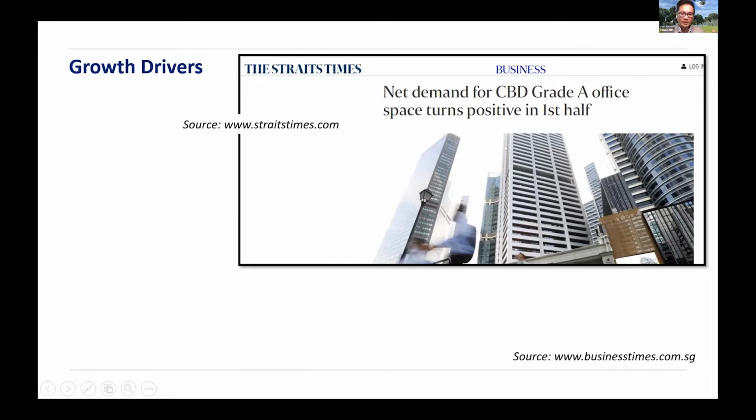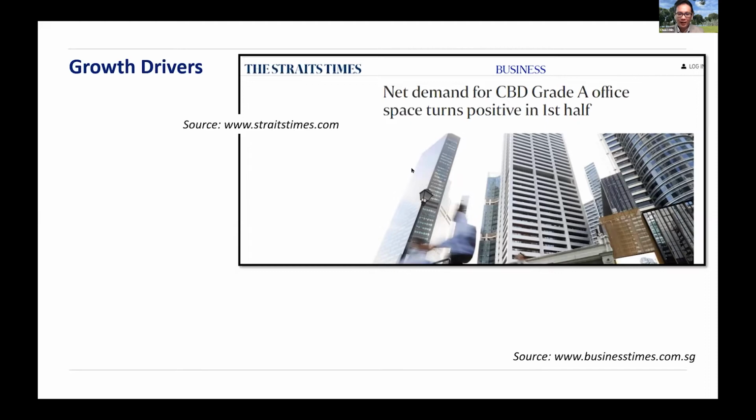Of course, yes, we have tenants leaving the office buildings, but we also have new tenants coming in. Based on first half 2021, we actually have more take-up compared to leaving. So this is what is happening right now.